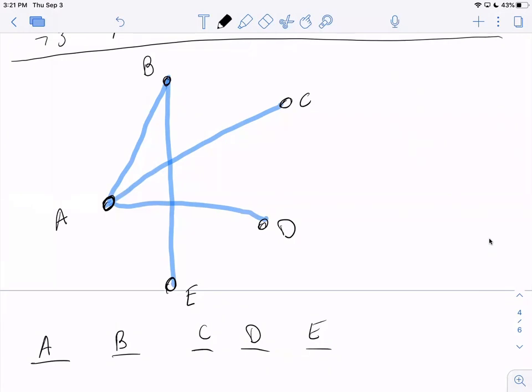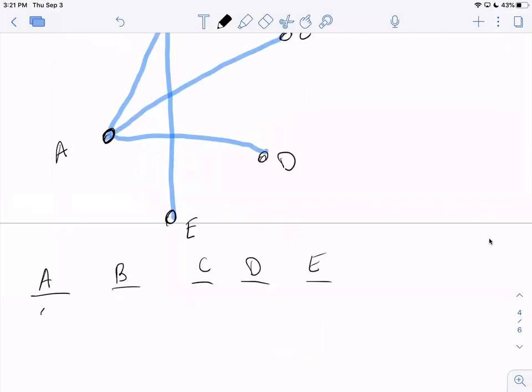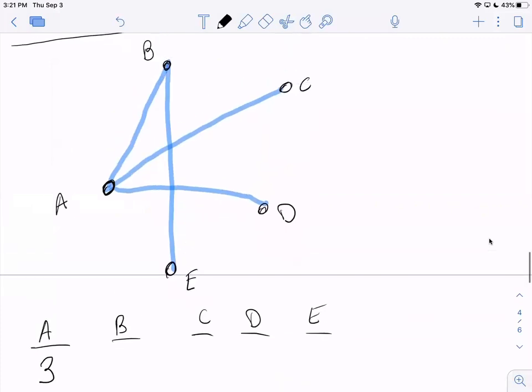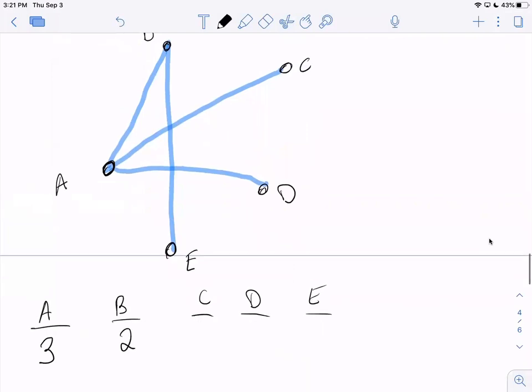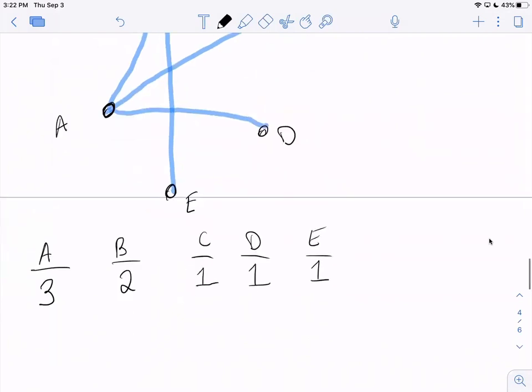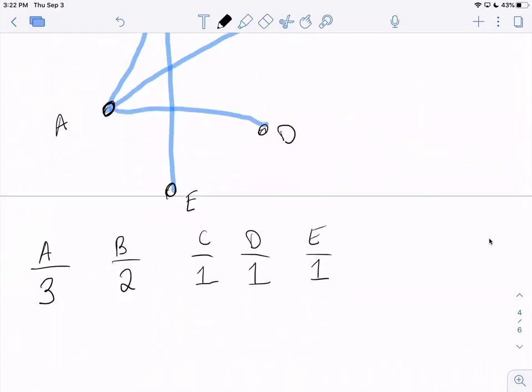So she got three. Nice. Yeah, so she got three. And then Bob did shake hands with two people. Cindy shook hands with one person. Dan shook hands with one person. And Evan shook hands with one person. So this is it. This is called the number 3, the number 2, and so forth.